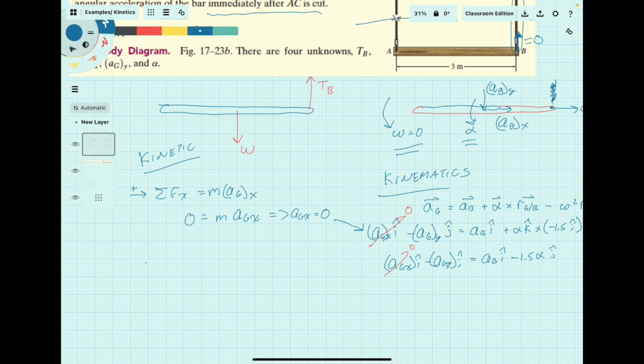And in the y direction, summation of forces in y with vertical upward positive, M AGy. Now we've got the tension, TB, minus the weight, 50 times 9.81, is equal to the mass times AGy.